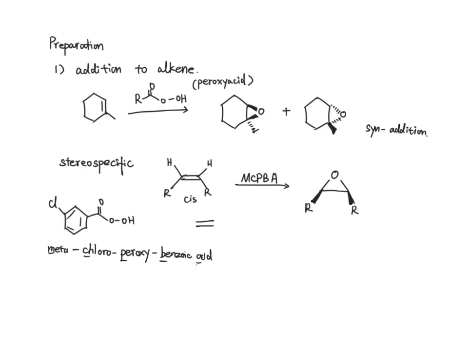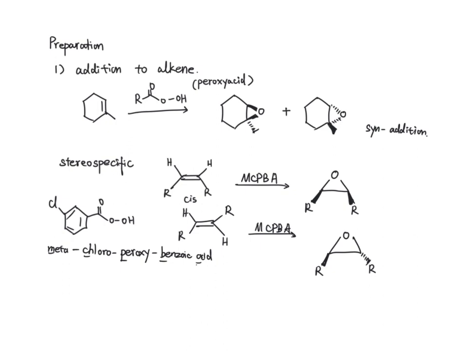And if you start with the trans alkene and you introduce MCPBA and form the epoxide, these two R groups will point to the opposite side of the ring or the paper plane.